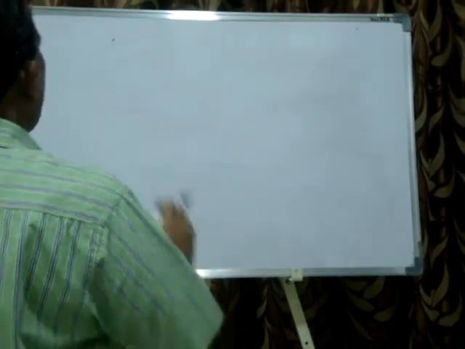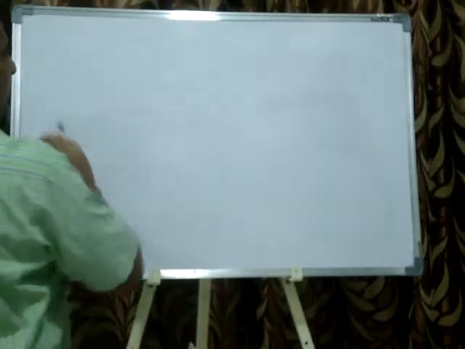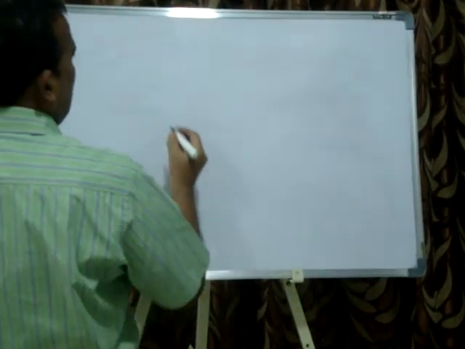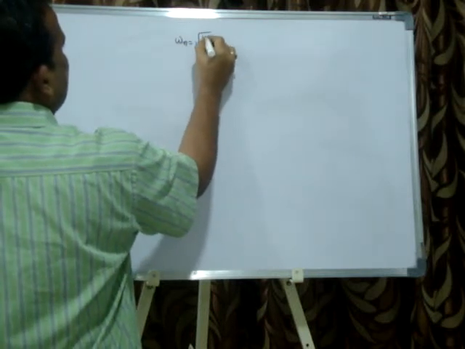Now, here I have written natural frequency omega n; in a mechanical system it is root of k by m.